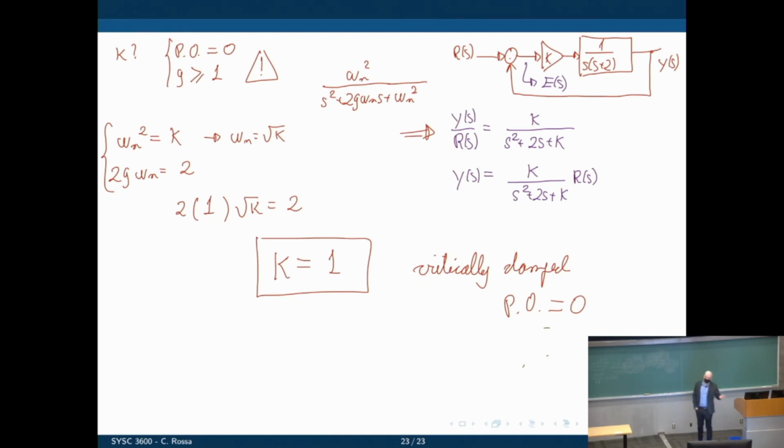Because if we put a negative value of K, the system is unstable. So the system has no overshoot provided that K is between 0 and 1, and then for K greater than 1, we have an underdamped system. This system is not going to go unstable, but it will get quite underdamped and show a lot of oscillations.